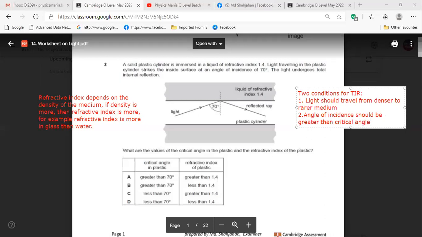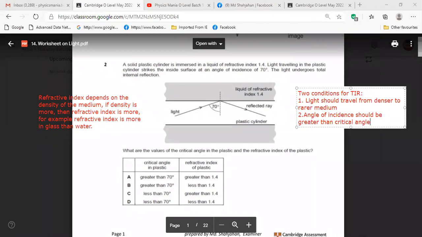Isn't it? Angle of incidence should be greater than critical angle. So using this information, can you find the answer now? What are the values of the critical angle in the plastic and the refractive index of the plastic?